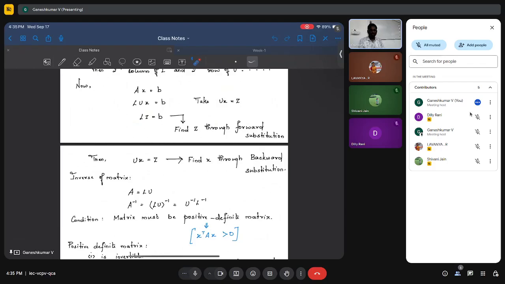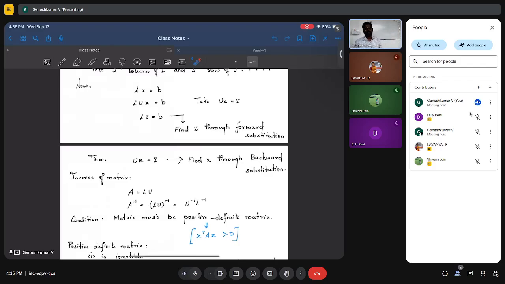And this LU decomposition actually requires more operations than Gauss elimination. So usually if you have only one system to be solved, you usually prefer to go with Gauss elimination. But LU decomposition becomes very beneficial when your A matrix does not change.